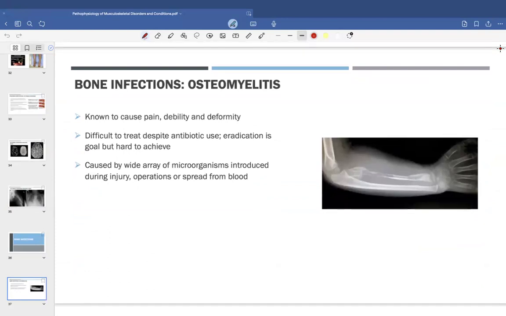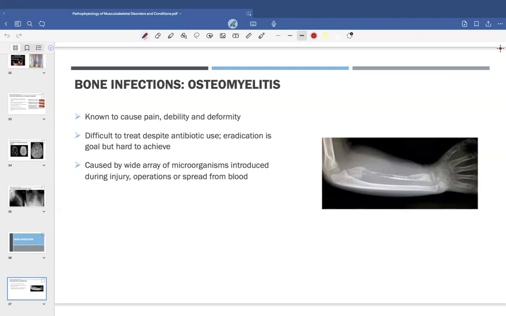All right, we're going to move on to bone infections, typically called osteomyelitis. This is typically painful unless you have neurologic deficits. It will lead to debility and deformity.